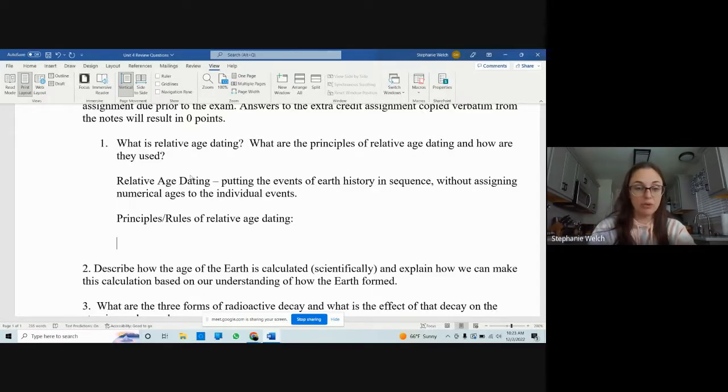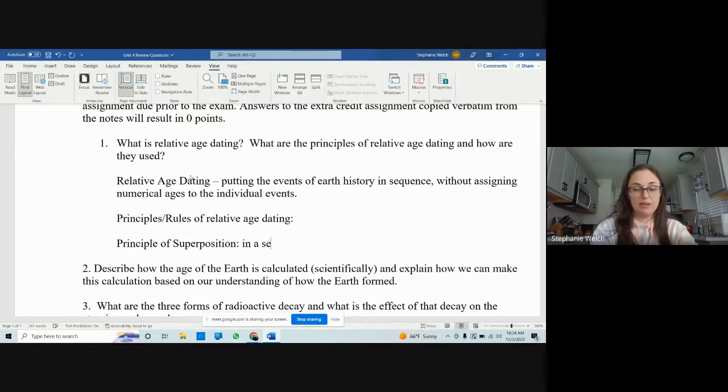The most important one is called the principle of superposition. So the principle of superposition tells us how to read geologic time through looking at these layers of rock. You read a book from beginning to end. You read the Earth from bottom to top, because these layers of sedimentary rock are laid down in sequence.